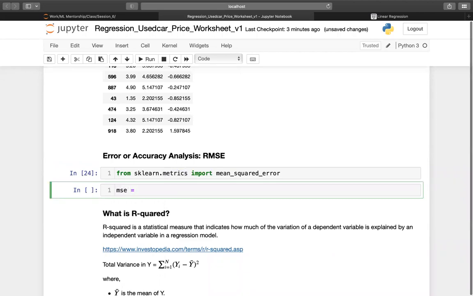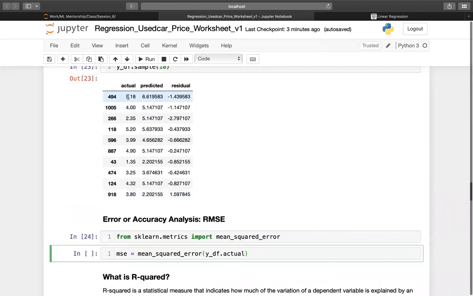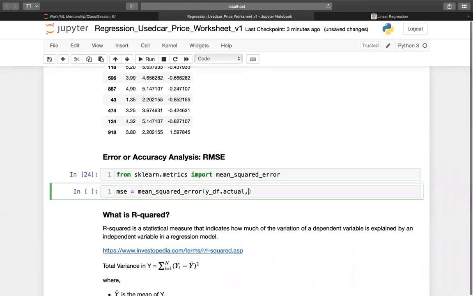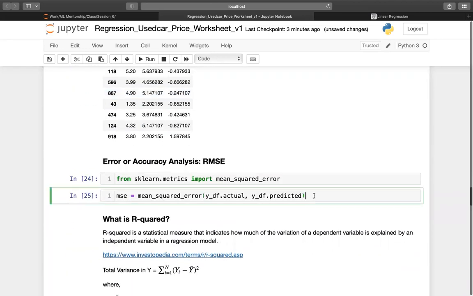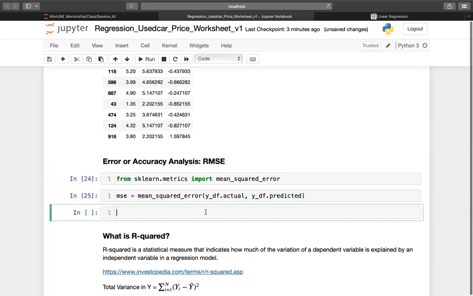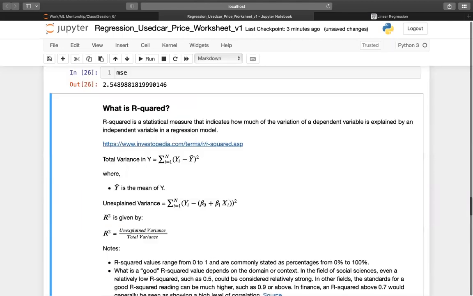So you can say MSE equals mean squared error, and we give the actual values and the predicted values. Either we can do it manually by taking all these residuals and squaring them, or we can directly give this to mean squared error. So this is my MSE value.